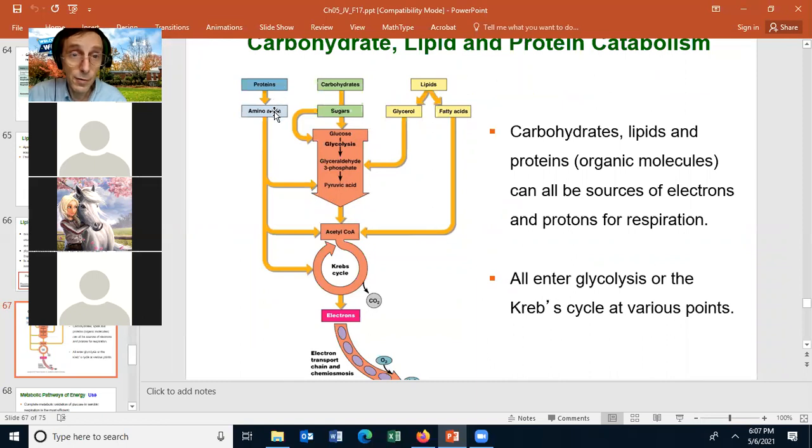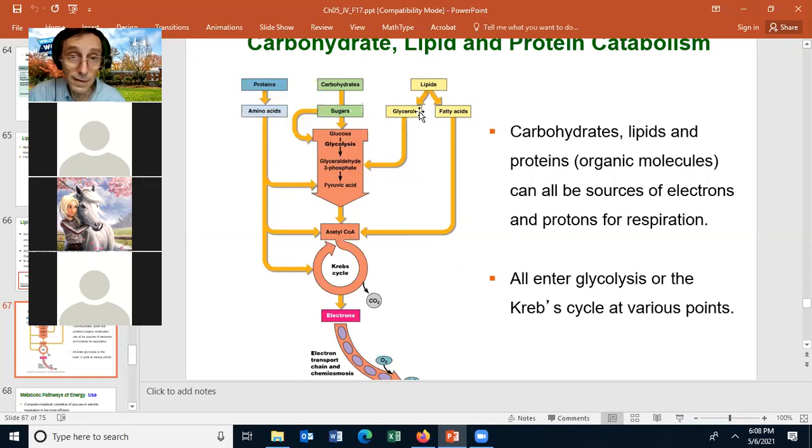So proteins will be broken down into amino acids, and depending on which amino acid they are, the amine group will be pulled off, and for us that'll be a nitrogenous waste which will be urinated out, and whichever amino acid it is, it can enter glycolysis low down in the reaction of glycolysis, or it can enter and be converted into acetyl coenzyme A, or the amino acid can enter into the Krebs cycle, depending on what amino acid we're talking about.